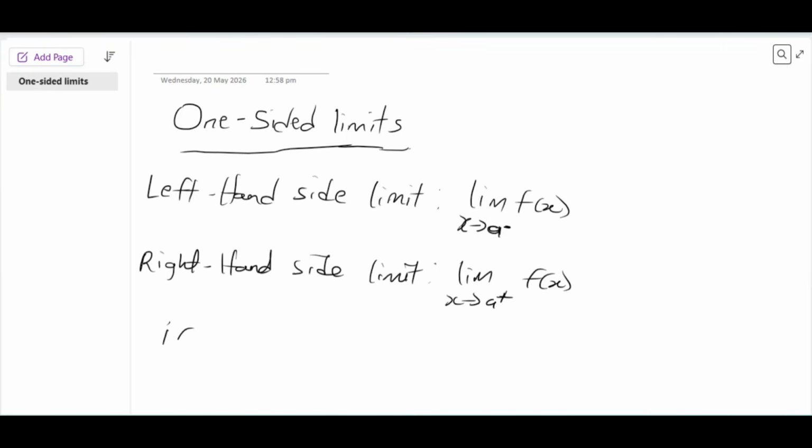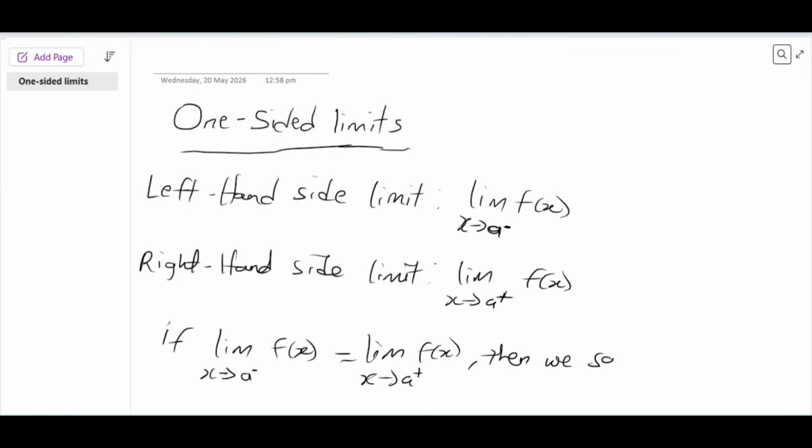If the limit as x approaches a from the left of f of x is equal to the limit of f of x as x approaches a from the right, then we say the limit of f exists.